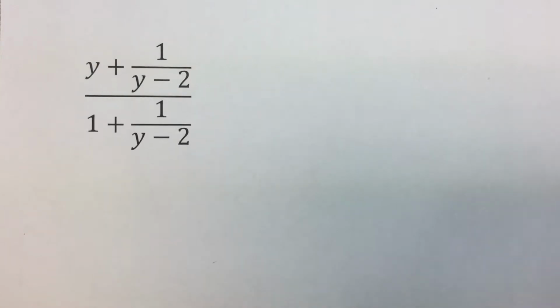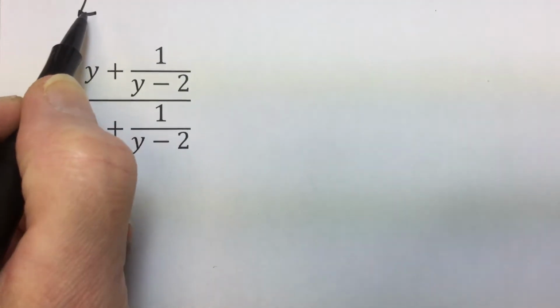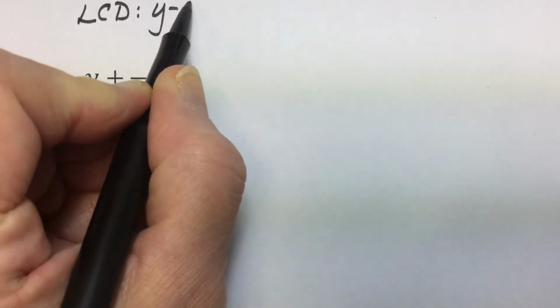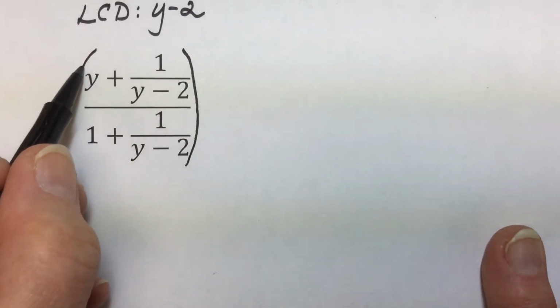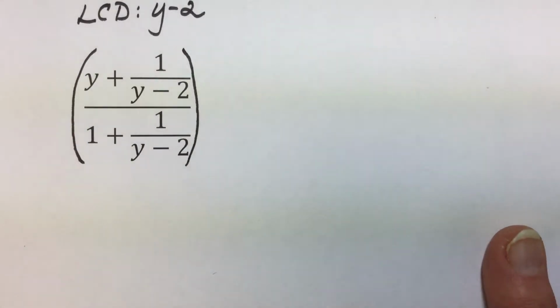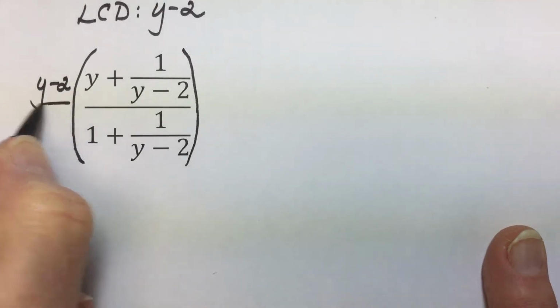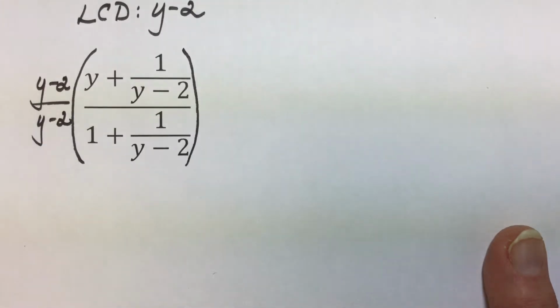Here we have a rational expression, and using that same technique, the denominator of each numerator and denominator has only one factor for a least common denominator of simply y minus 2. We're going to clear the complexity of this complex rational expression by multiplying by the special value of 1, which is that least common denominator over itself.